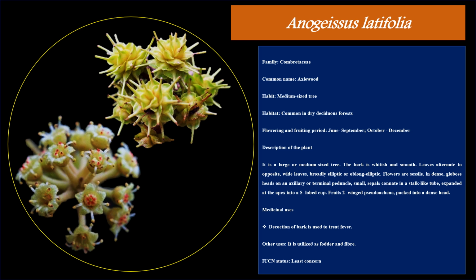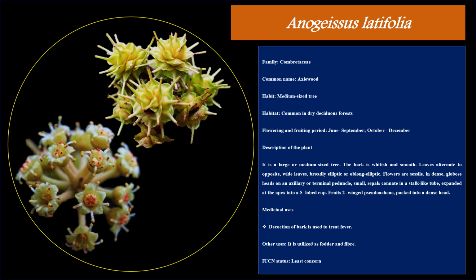One of the medicinal uses is that a decoction of bark is used to treat fever, and it is also utilized for fodder and fiber, and its IUCN status is least concern.